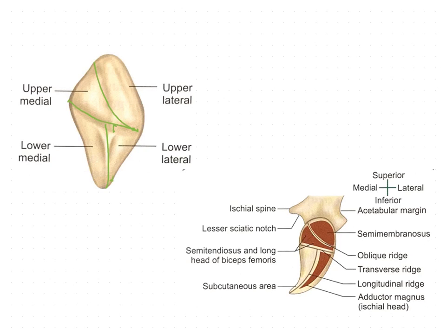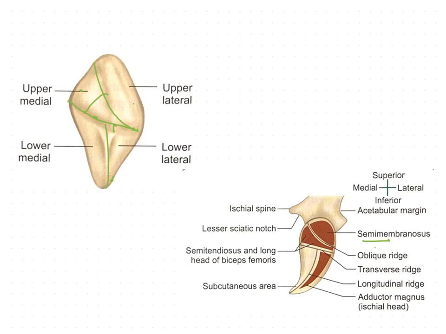The upper lateral part gives origin to semimembranosus, and the upper medial part is again divided into two, giving semitendinosus and the long head of biceps femoris, with semimembranosus more lateral.